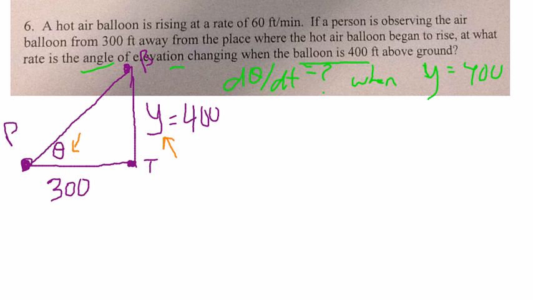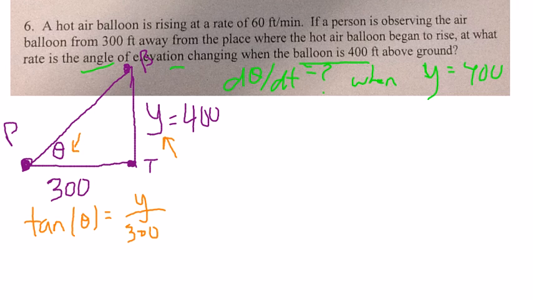So if you look, y is opposite of theta, and then the 300 is adjacent. So I have O and A, so I can write an equation: tan of theta is equal to y over 300.